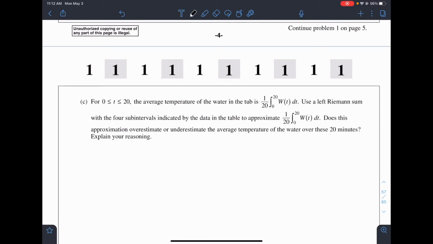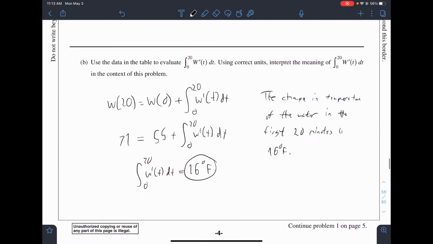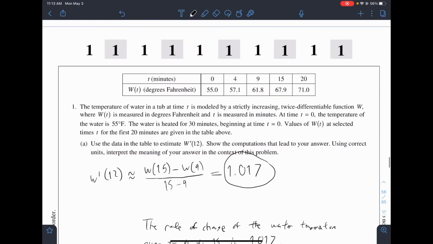So now we're doing C. Between the interval 0 to 20, the average temperature of the water in the tub is 1/20th times the integral of W of T. Okay, so what we want to do is a left Riemann sum here. So let's go ahead and compute that.